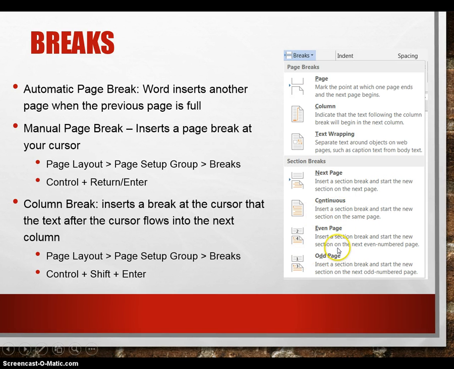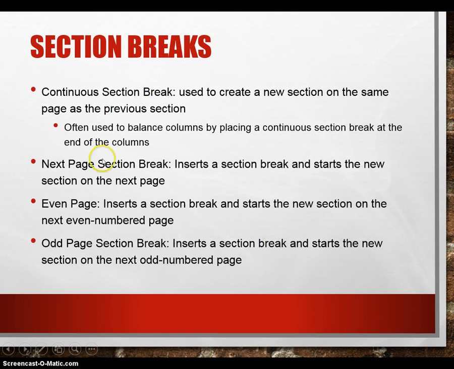And then you have your even and odd page sections, which basically does what it says. It inserts a new section on even numbered pages and then one on the odd numbered pages. This is just still talking about our section breaks here, the different types of section breaks: continuous, next page, even page, and odd page.